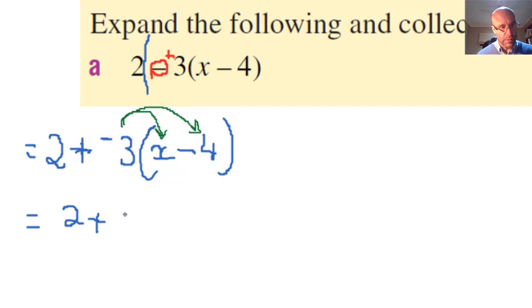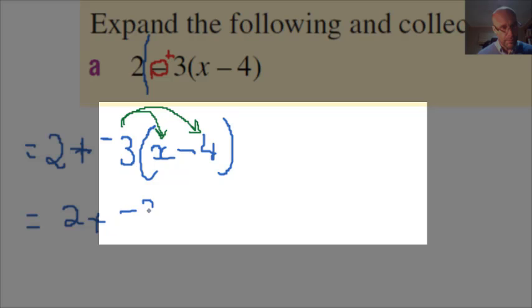And from our previous work we know how to expand that. So what we do is show that negative 3 times x, and remember that is minusing a positive, so it's the same as plussing a negative, just like I showed before. So we have plus negative 3 times negative 4.